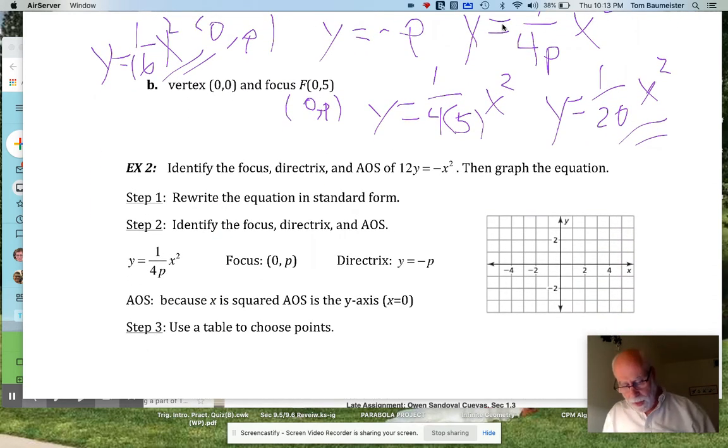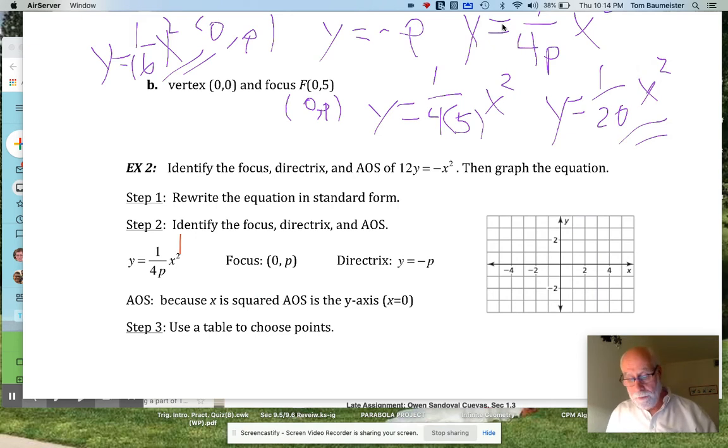So, example 2, it says identify the focus, directrix, and axis of symmetry of 12y is equal to negative x squared, then graph the equation. Number 1, you're going to write it in standard form. So to write it in standard form, you're going to get y by itself.